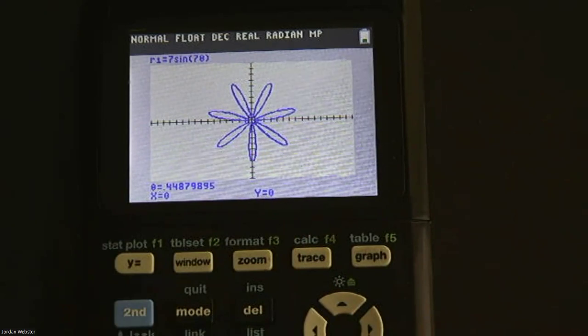So we can do that with rose curves. We can do that with anything else that we want as well.